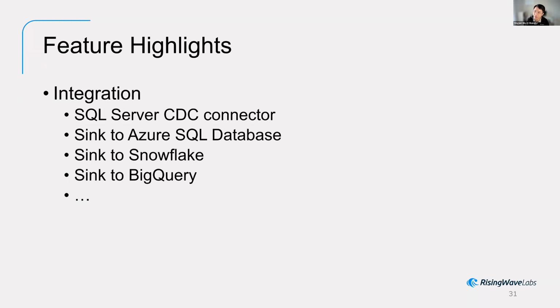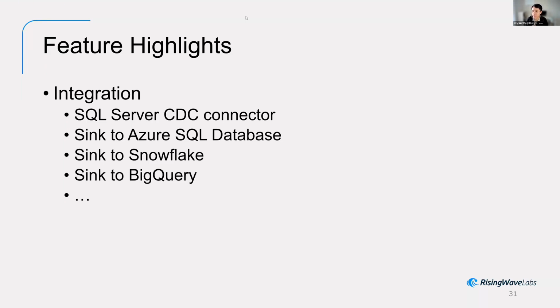And the second innovation I want to highlight is the sync to Azure SQL database. We know that a lot of people, especially in enterprise companies, actually use Azure SQL database. And they actually want to sync data from their, let's say, Postgres or MySQL into these Azure SQL databases, right?